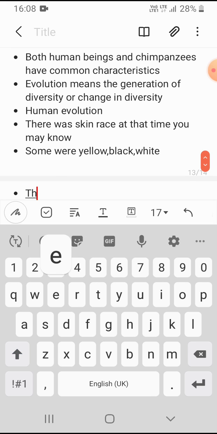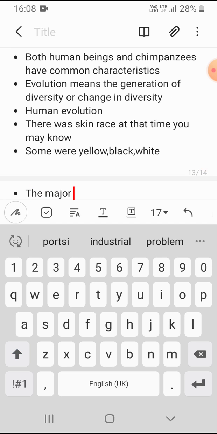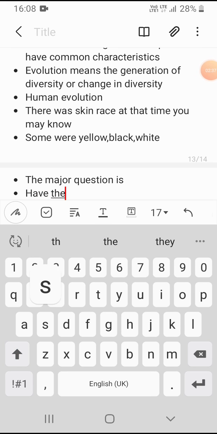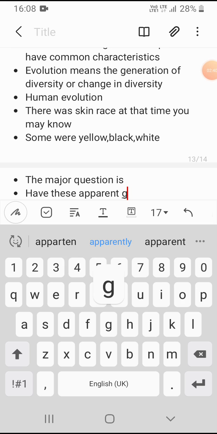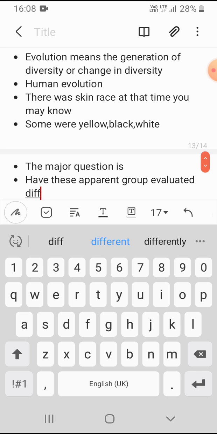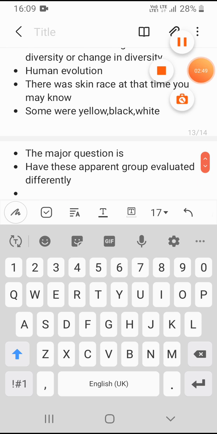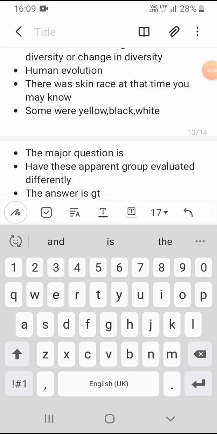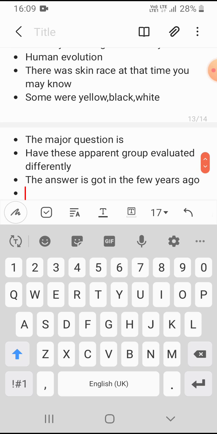So the major question at that time was whether these apparent groups evolved differently, meaning they were born differently or they are different. The answer has been found in the last few years.